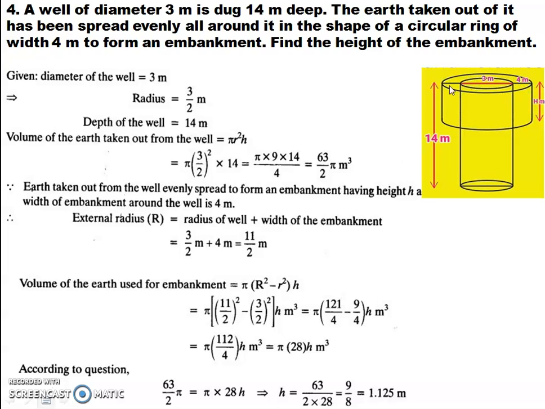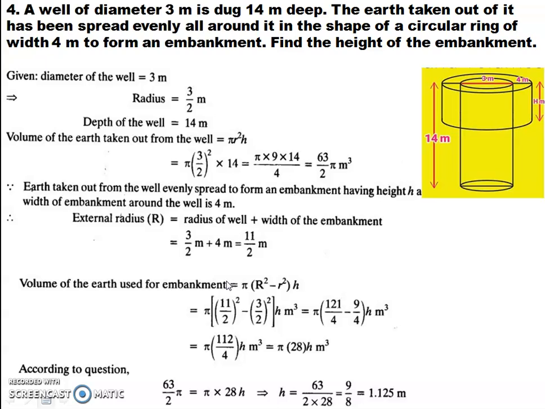So, the radius of this cylinder is 1.5 plus 4. 1.5 is the radius of the small cylinder and 4 is the width. So, radius of this cylinder is 1.5 plus 4, or we'll take it as 11 by 2 meter.